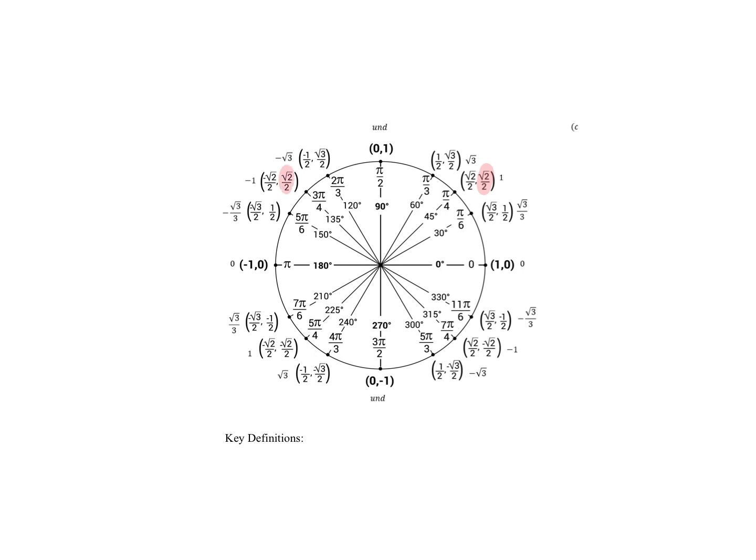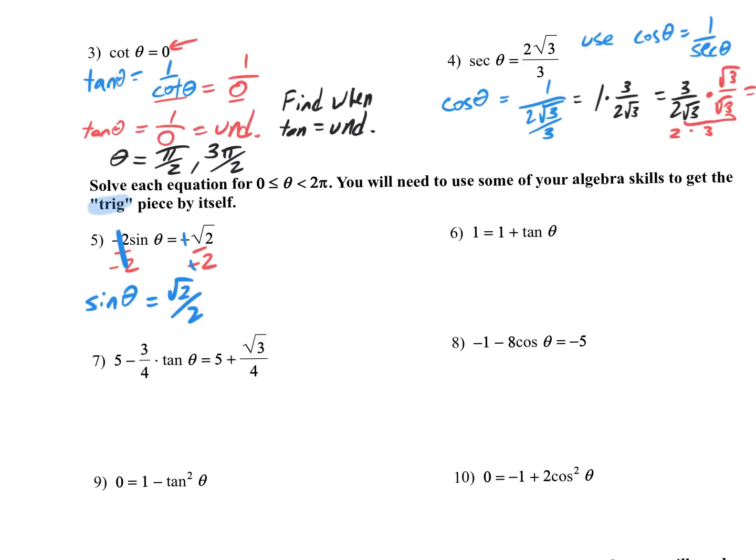So what angles will be my answers in this case? It's going to be these right here: pi over 4 and 3 pi over 4. So now that we found this, let's go back to our problem and record our answer. We found this at pi over 4 and 3 pi over 4. So those two angles are where sine is equal to root 2 over 2.